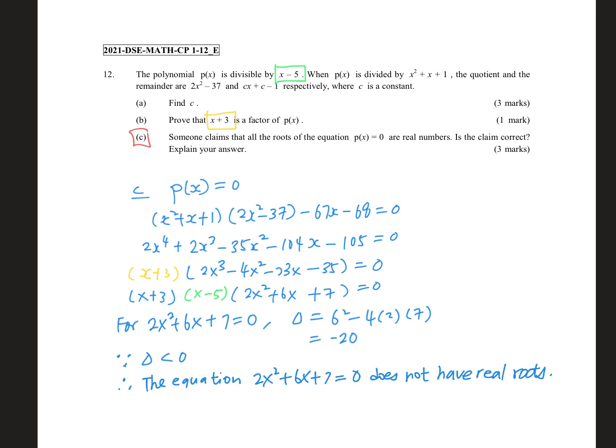That means not all the roots of the equation p(x) equals 0 are real numbers. So you can see the claim is incorrect. So finishing this part, the whole problem is done. Thank you for watching.